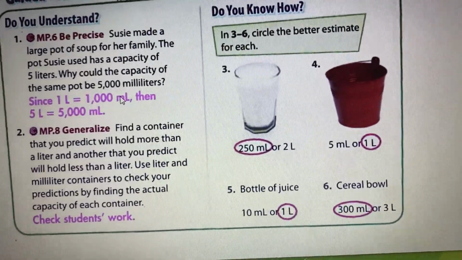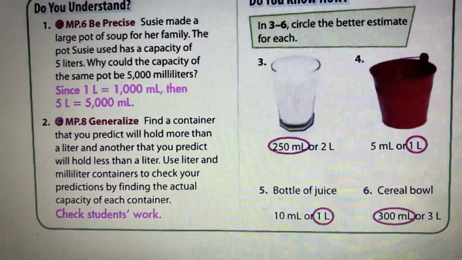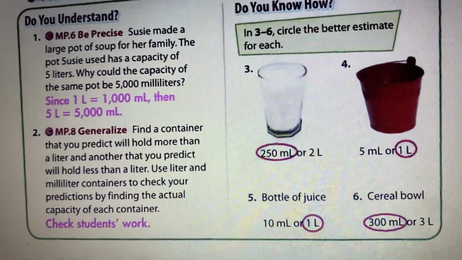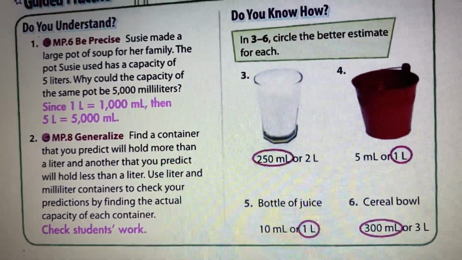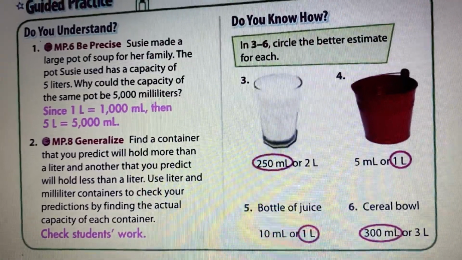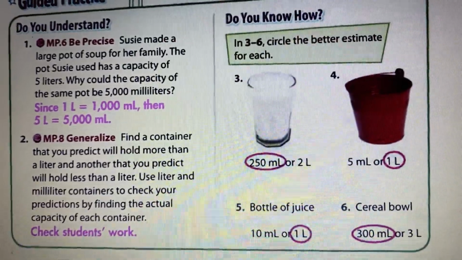Think about this. I just talked about this in the previous slide, that each 1 liter equals 1,000 milliliters. So 5 liters will equal 5,000 milliliters. I'm going to multiply the liters by 1,000. So the answer will be 5,000.